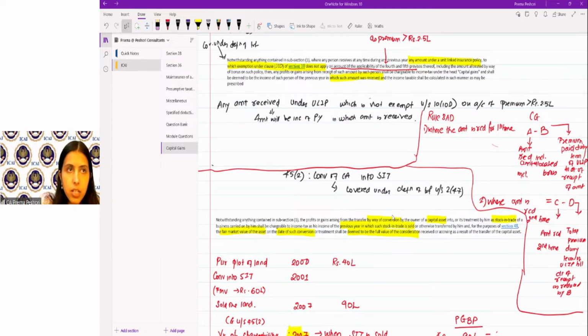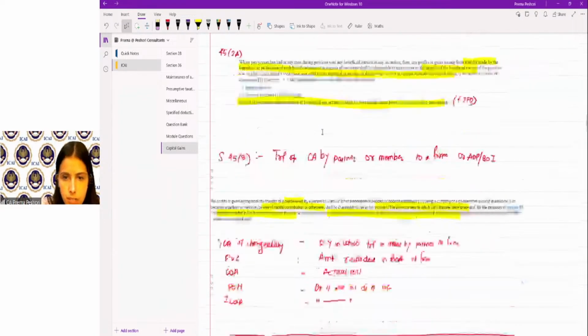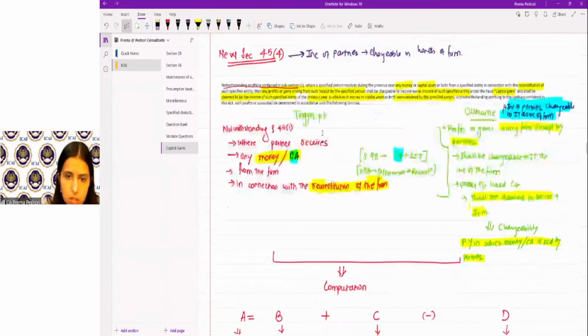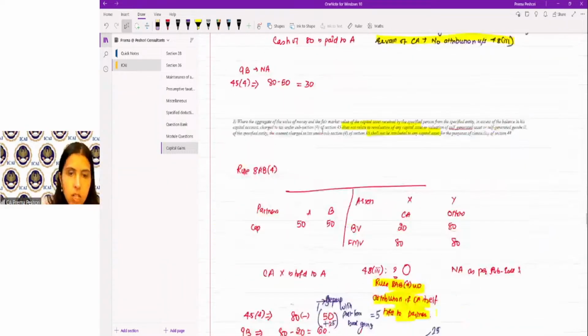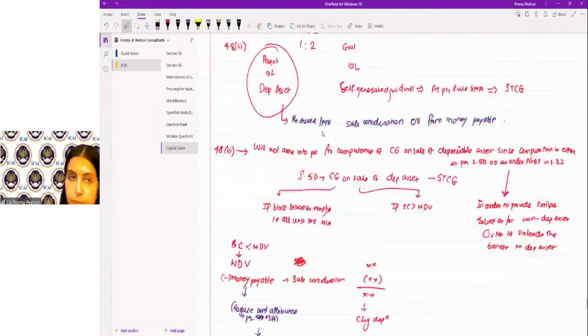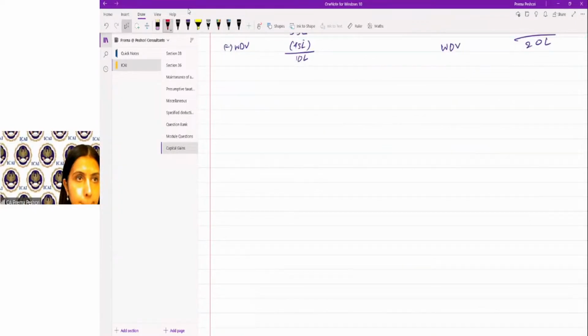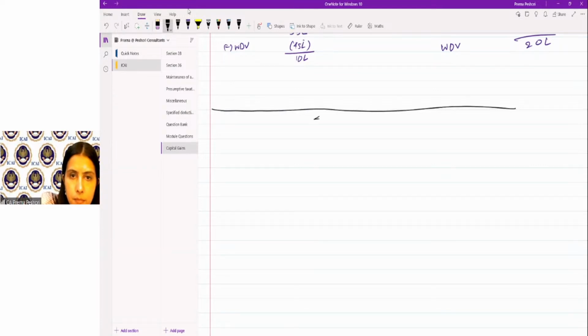Okay. Now with section 45(5). Capital gain on transfer by way of compulsory acquisition of asset. What is 45(5)?